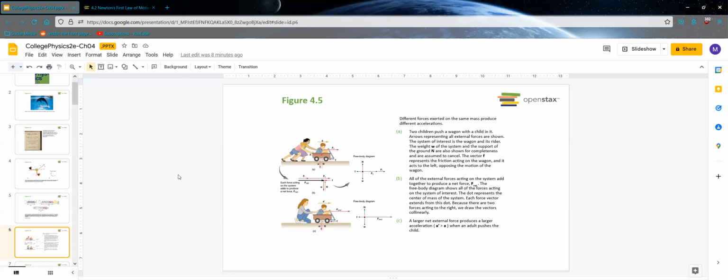And what's cool here is if you look at the center at the top 3x diagram, they have an F1 and an F2 there going off to the east. That's interesting because since the two people are pushing the wagon in the same direction, they're both adding force to the system that is the wagon and the kid inside.